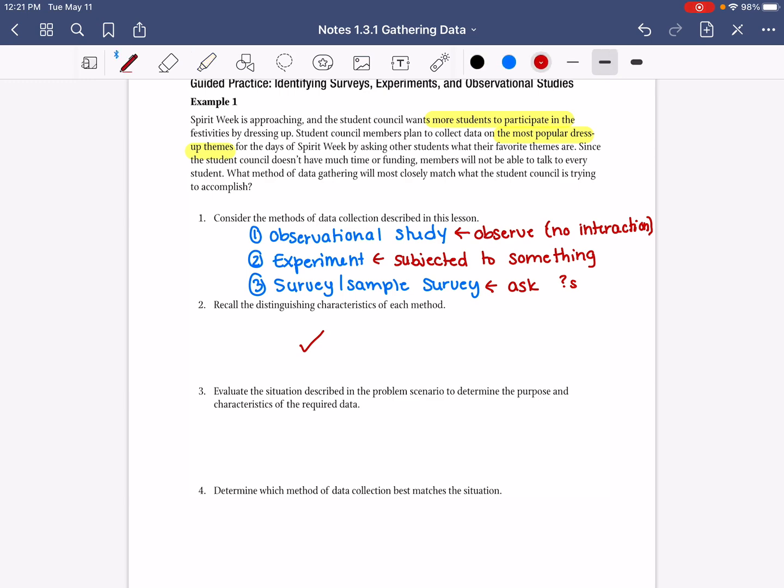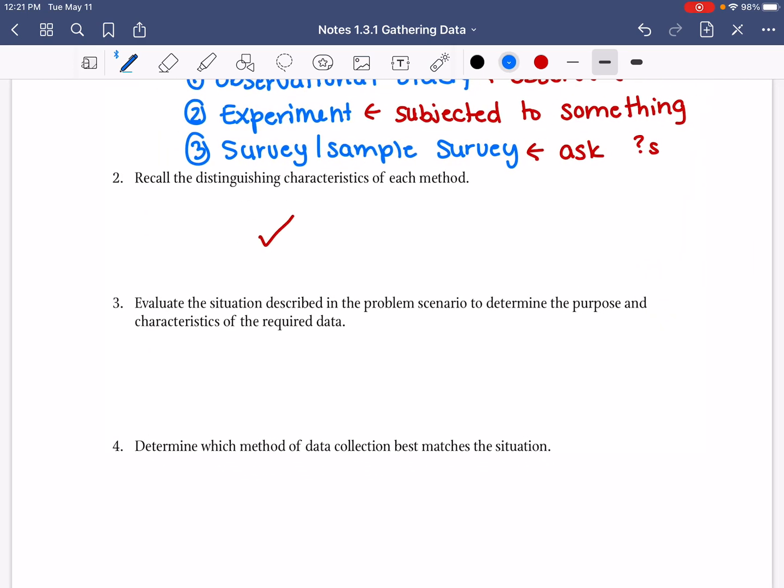And they want to do this by asking other students what their favorite themes are. They don't have time to ask everybody, so they will not be able to talk to every student. Okay, so they want to increase participation by using favorite dress-up themes.